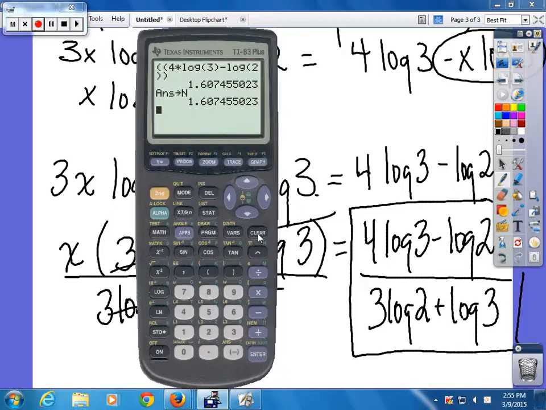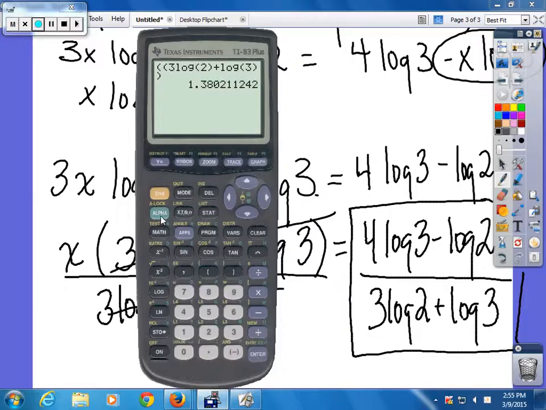Okay, the bottom would be parentheses, 3 log 2, close parenthesis, plus log of 3, close parenthesis. I don't think it's going to like it. Okay.